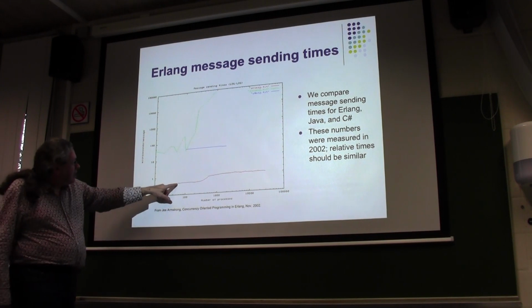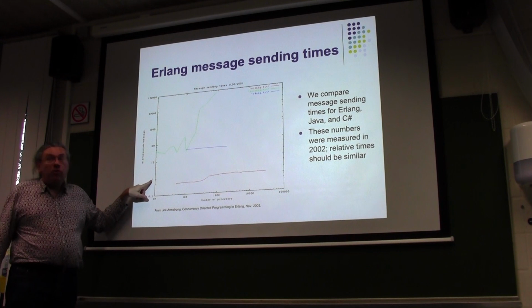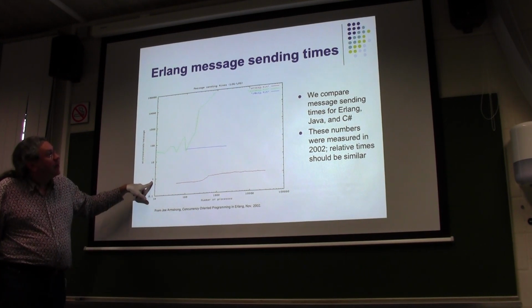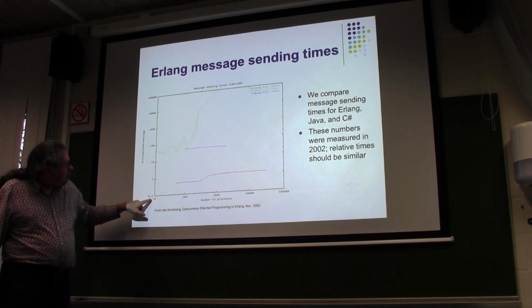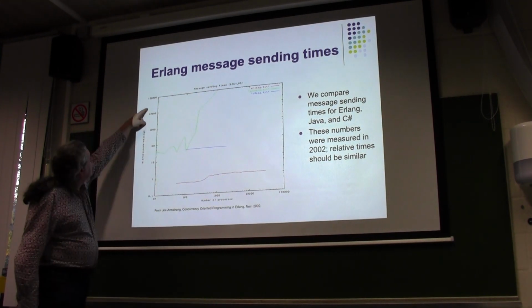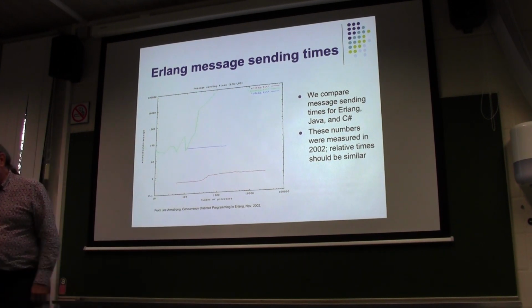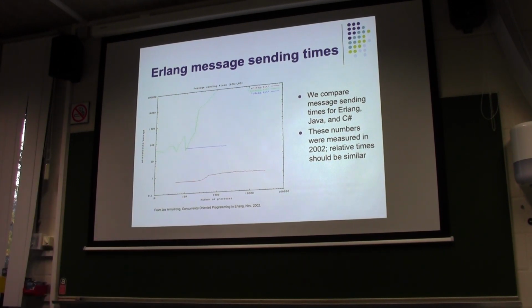In Erlang, even up to 30,000 processes, it's less than 1 microsecond, okay? So today, probably you can multiply these numbers by 10, and these numbers you can probably divide them, but the relative position is the same, okay? So you can see message sending in Erlang is very cheap for a large number of processes.